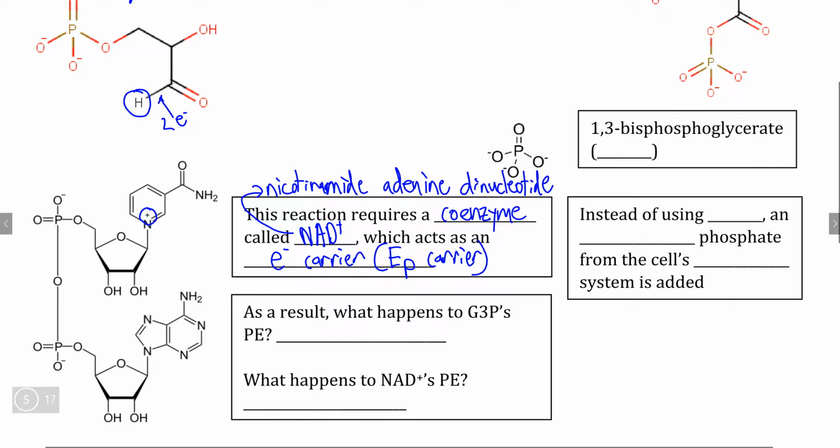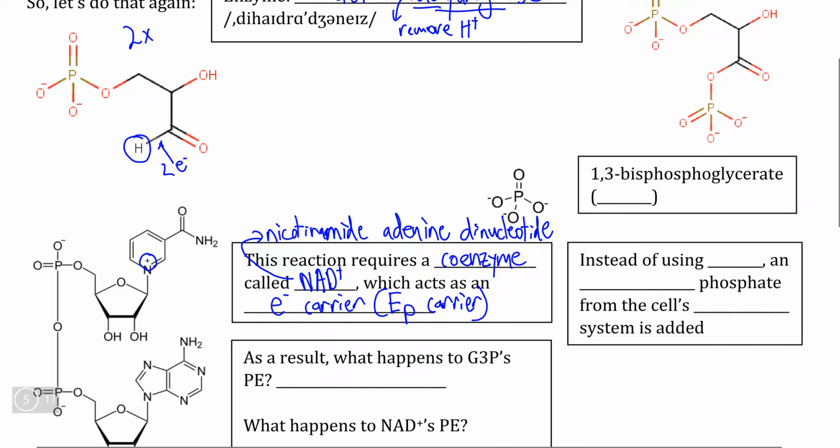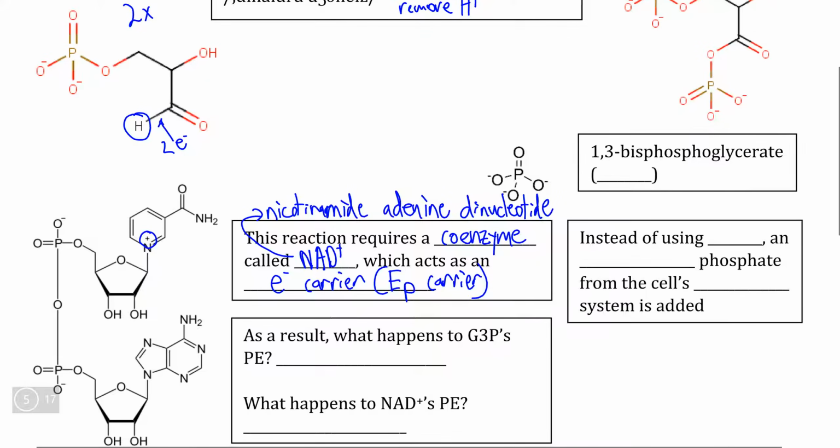Now, the mechanism here is a little bit complicated and involves a fairly complicated step involving the actual enzyme itself, but the gist of it here is that the two electrons within the bond that anchor hydrogen here actually migrate, being attracted to the positive charge on NAD, which means that this carbon here on the aldehyde group has now lost two electrons and therefore is going to have a very strong positive charge because it is effectively missing a bond.